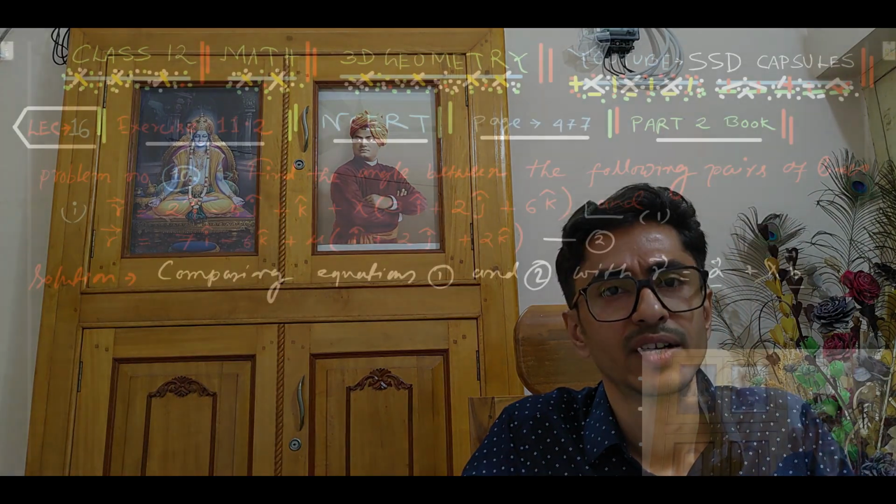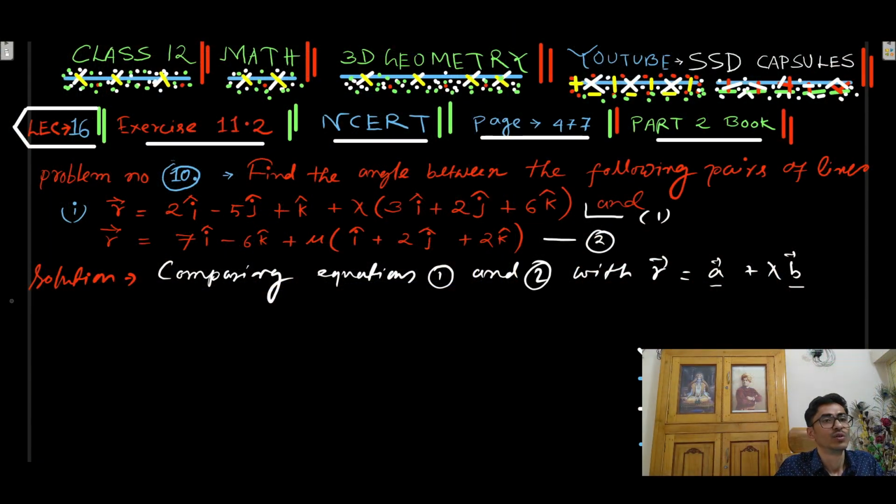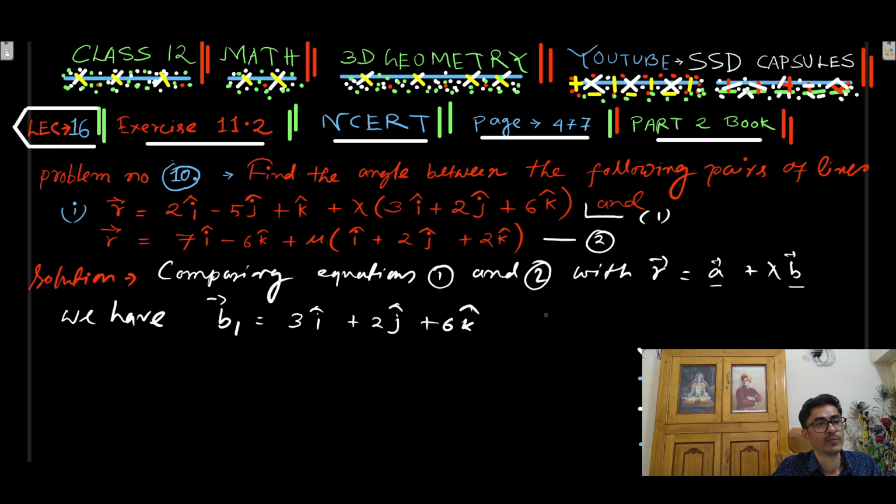So r vector equal to a vector plus lambda times b vector. So we have b1 vector equal to 3 i cap plus 2 j cap plus 6 k cap. Therefore the components of b1 vector are a1, b1, c1, in that case 3, 2, 6.